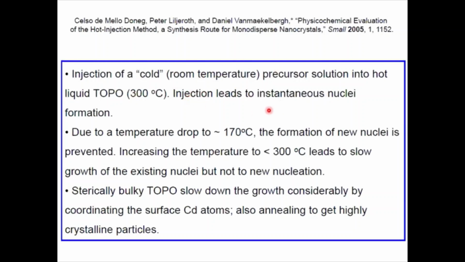This is a kind of burst nucleation, which gives you uniform sizes and also allows you to control that nucleation without going to a larger size within the nano dimensions. And this room temperature injection into the hot surfactant makes nanocrystal and nanoparticle formation happen at a lower temperature compared to these higher temperatures.